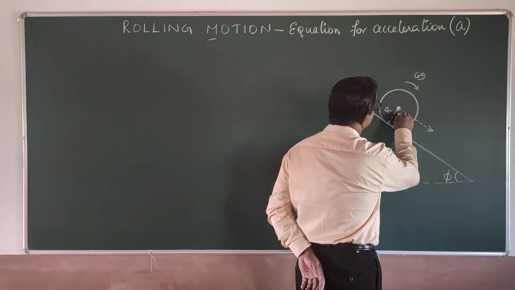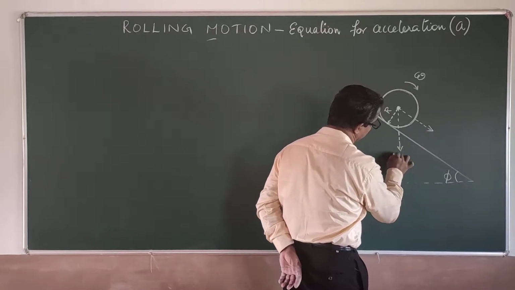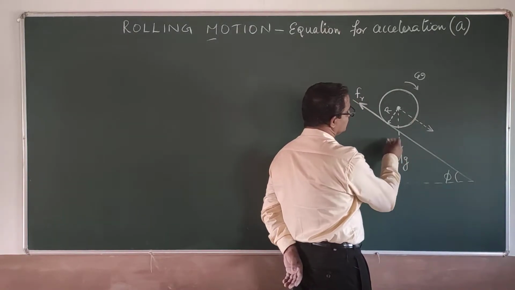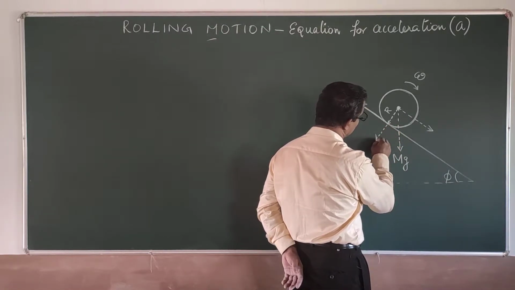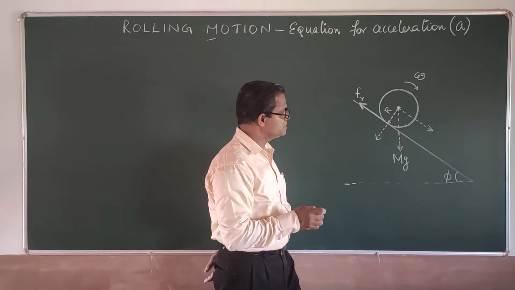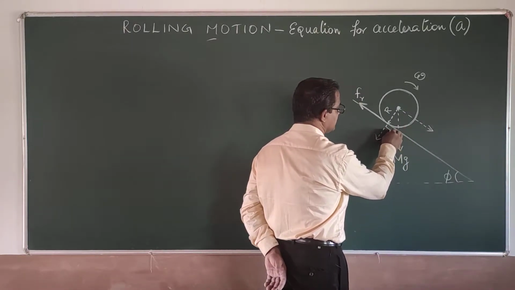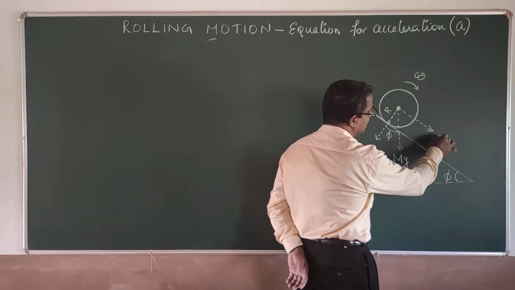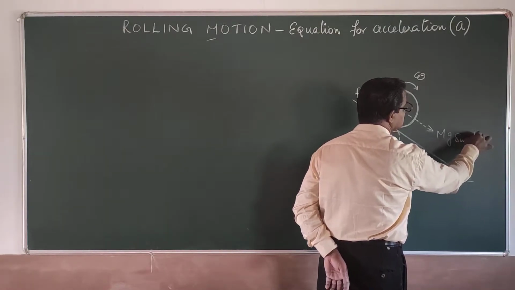The mass of the body applies a weight mg vertically down, and here I can resolve that mg into two components. One along this direction, that is mg cos phi, and this will be mg sin phi.